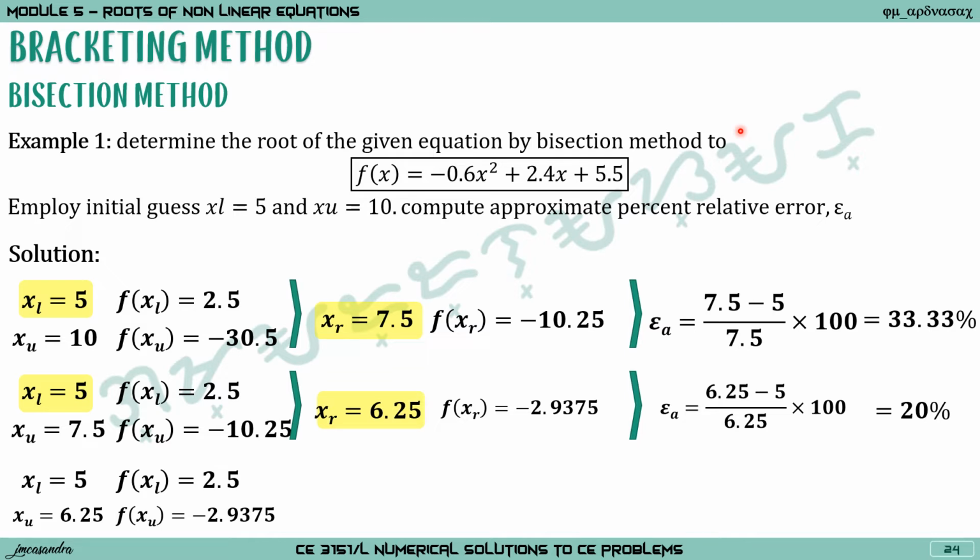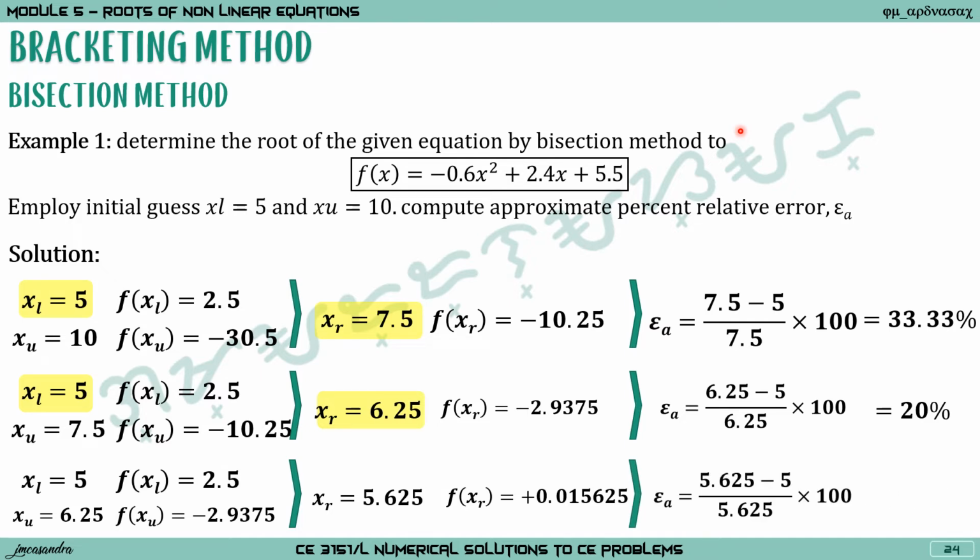So with our new lower and upper limits, compute for your x sub r. So that's 5 plus 6.25 divided by 2, we get 5.625. Substitute the value of x sub r in our equation, we get a value of positive 0.015625. Computing for the relative error, we now get a value of 11.11%.